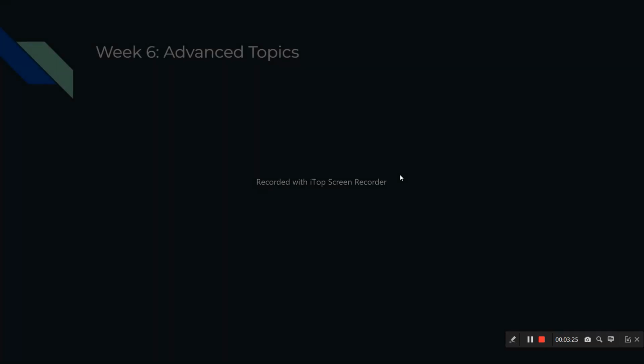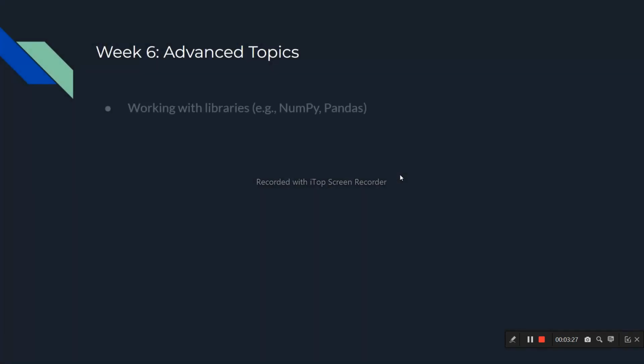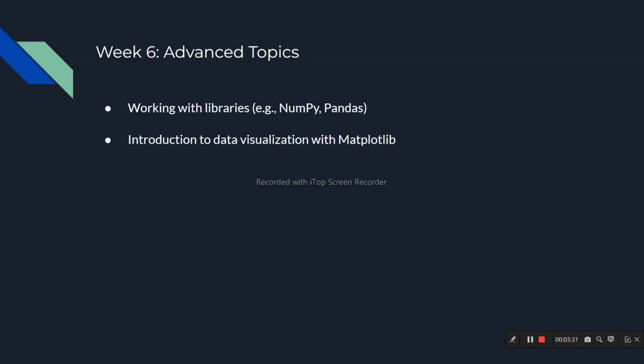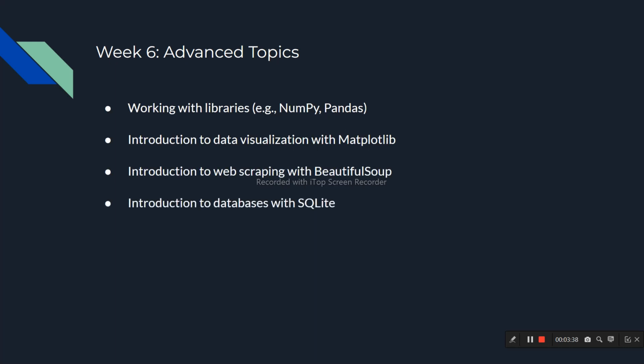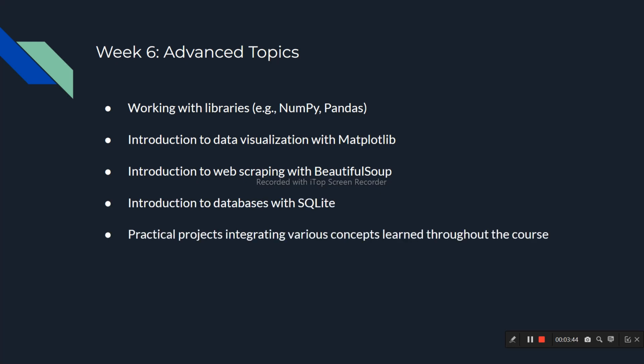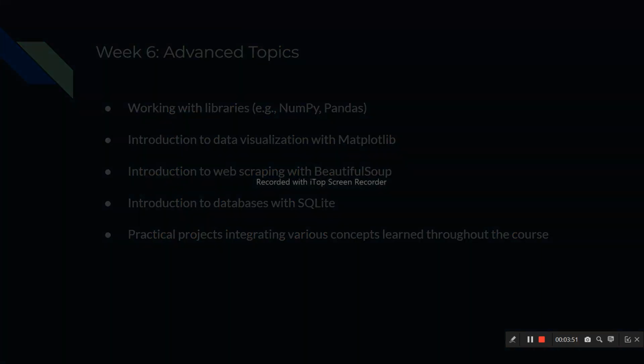For the sixth week, we shall look at advanced topics like working with libraries and introduction to data visualization. We'll also look at web scraping and databases using SQLite. And of course, at the end of it all, we'll do practical projects integrating various concepts learned throughout the course.